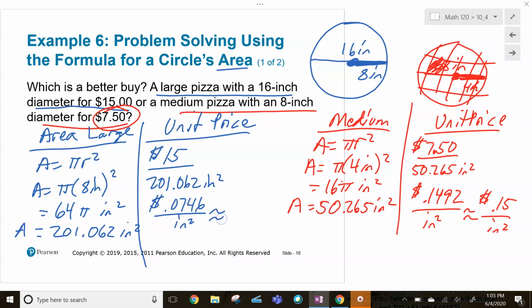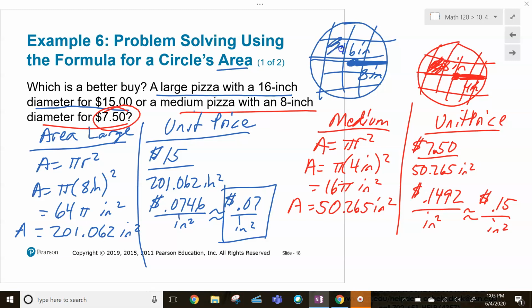Rounding to the nearest hundredth, about 7 cents per square inch. So one of these is 7 cents. This one is 7 cents per square inch, and this one was 15 cents per square inch.